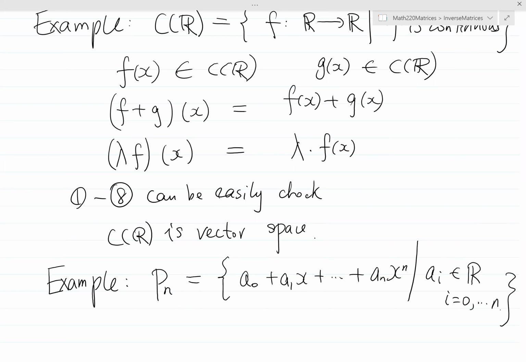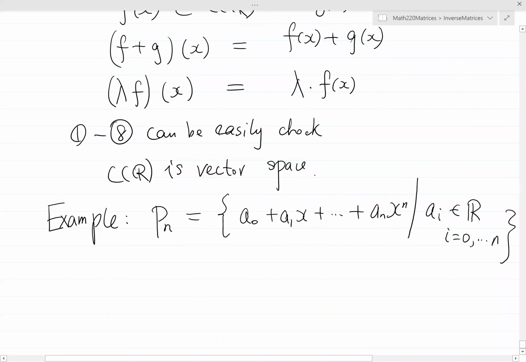Now we can have a vector space on this set. Pn consists of real polynomials of degree less than or equal to n. For instance, if we have f(x) equal to a0 plus a1 x plus and so on plus an x^n, whatever these coefficients are, it corresponds to a vector.